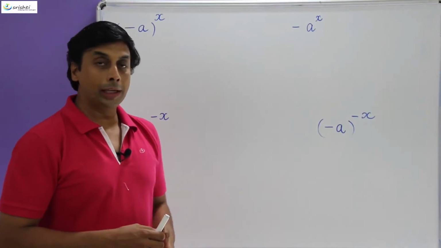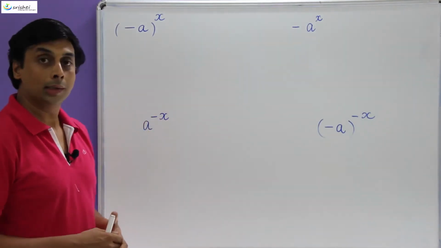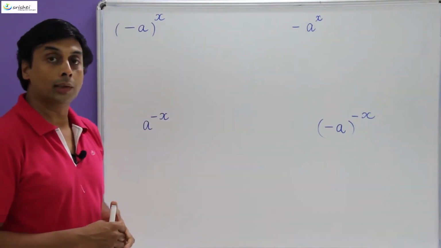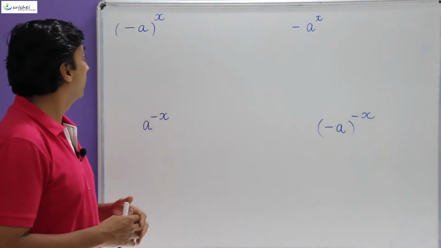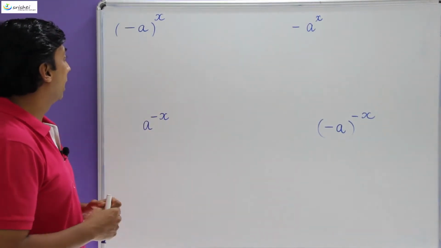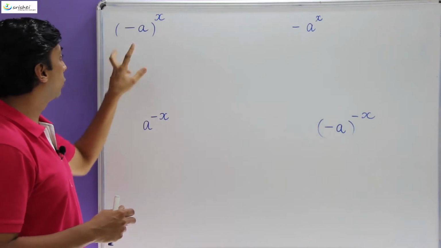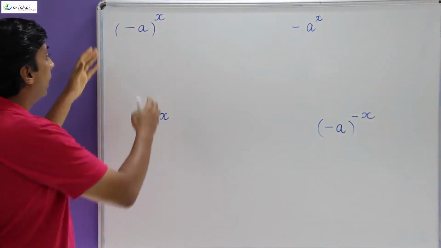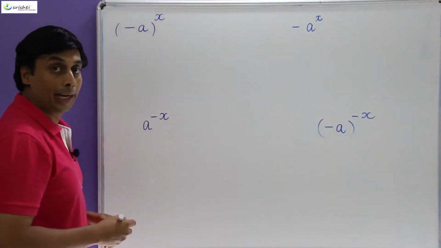So now we are going to deal with some examples of exponents where we have different combinations of the bases and the powers. So here if I look at the first example, it's minus a the whole raised to x. Do you notice that there is a bracket and minus a has been raised to x?